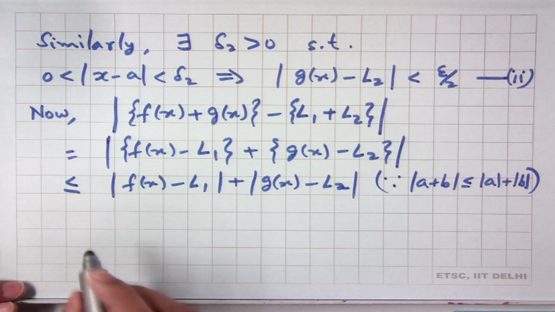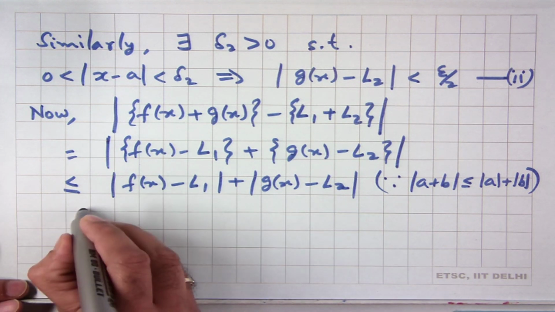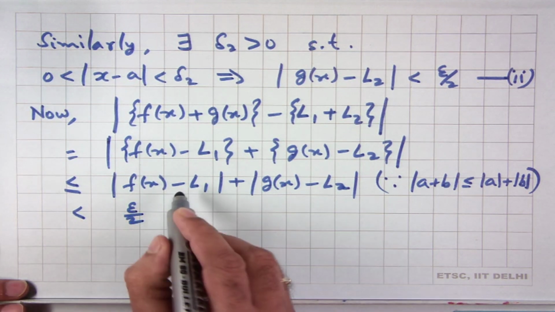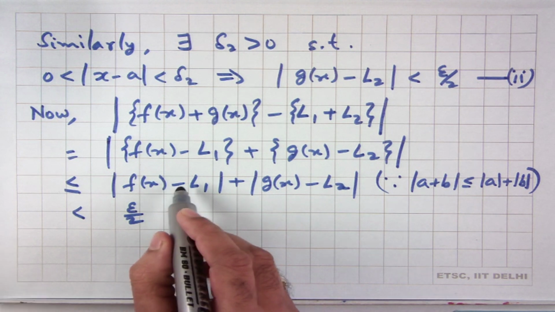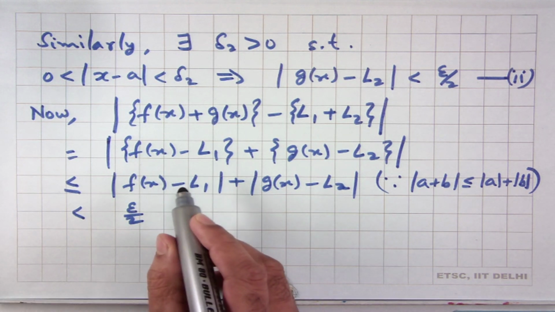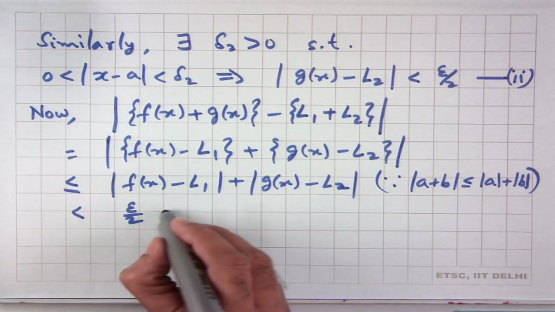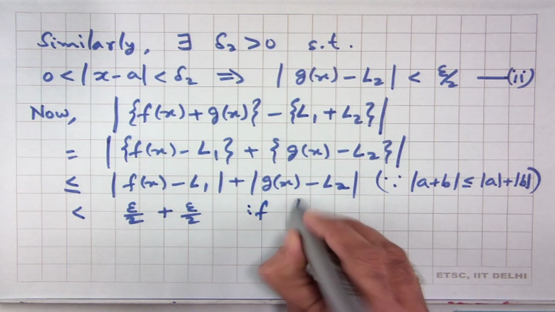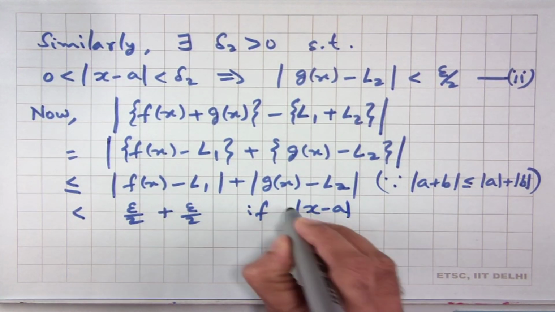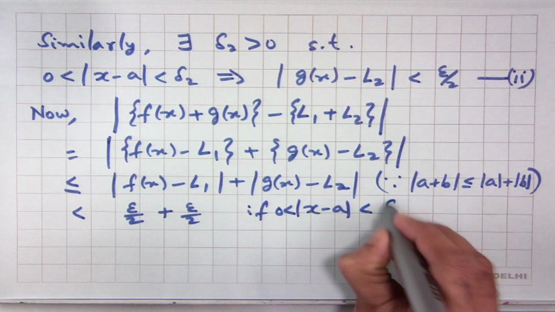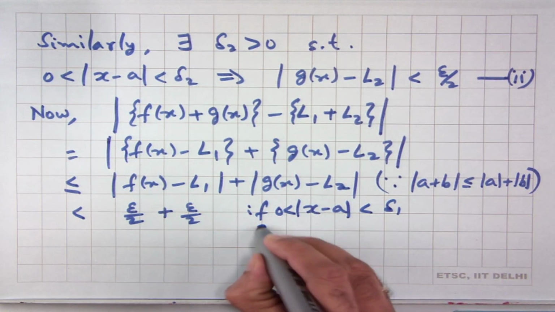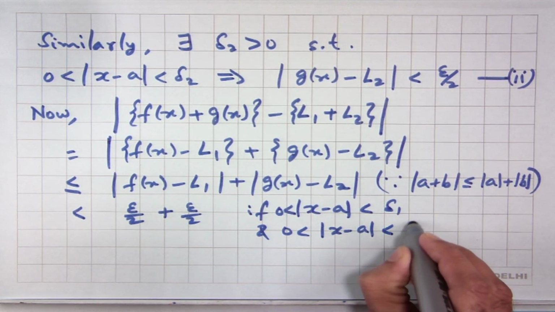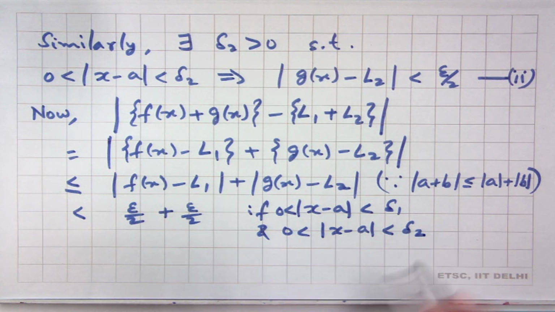Now, what we are given from 1 is mod of f x minus L 1 is less than epsilon by 2 if mod of x minus a is greater than 0 and less than delta 1, and this is less than again epsilon by 2 if mod of x minus a is greater than 0 and less than delta 2.